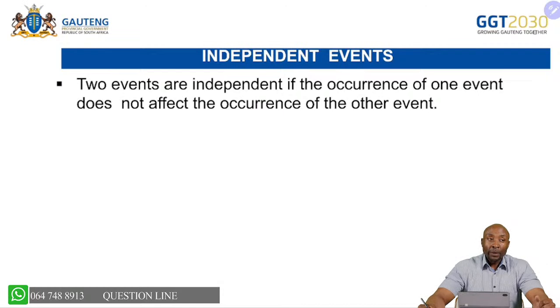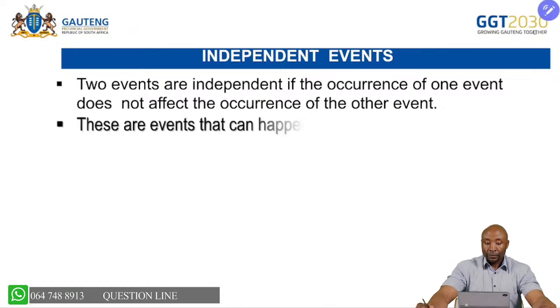So if we are talking about independent events, the occurrence of one event does not affect the occurrence of the other event. If you toss a coin twice, if the first outcome is a head, you cannot therefore guarantee that the next outcome will also be a head, because what you obtain in the first toss does not affect what you get in the next toss.